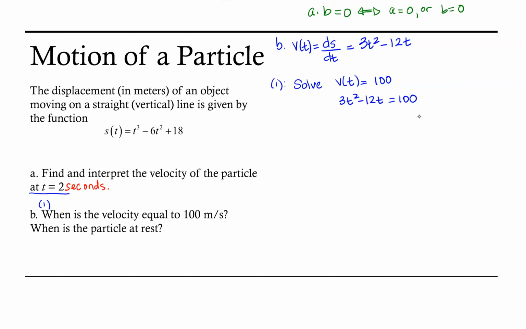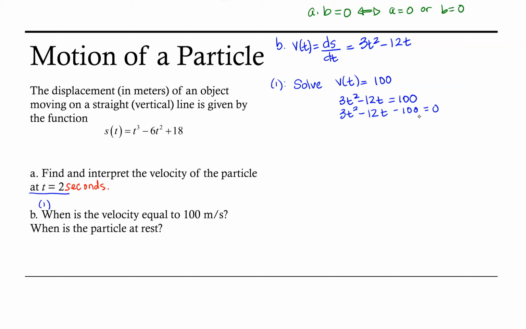There's no other way to multiply two factors and get 0. One or the other has to be true. We cannot say the same thing about the number 100. So we need to set this equation equal to 0. And we'll do that by subtracting 100 from both sides of the equation. So 3t squared minus 12t minus 100 equals 0.